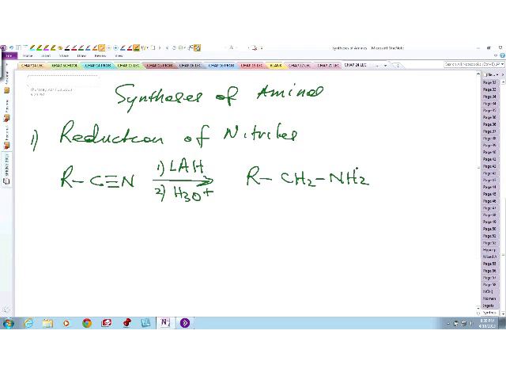In this case, you get a primary amine. Okay, let us give you one specific example. We take this here, lithium aluminum hydride, followed by hydronium ion, and we get this primary amine.